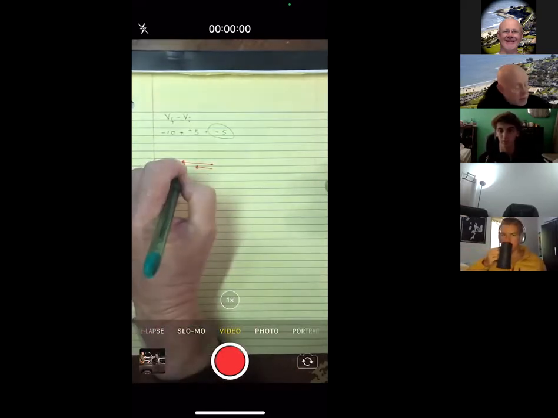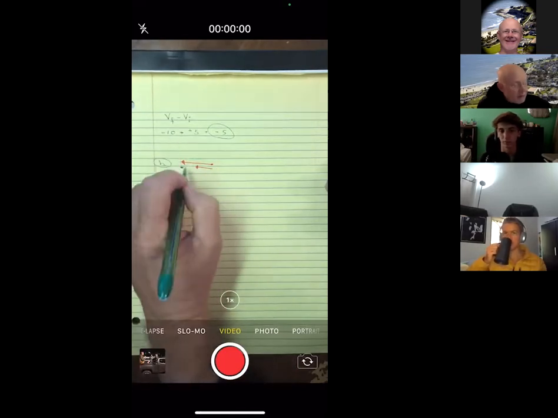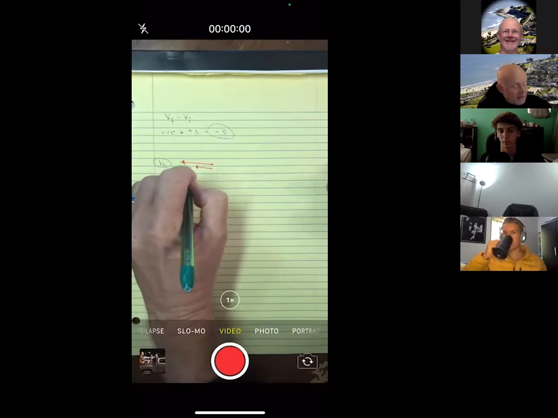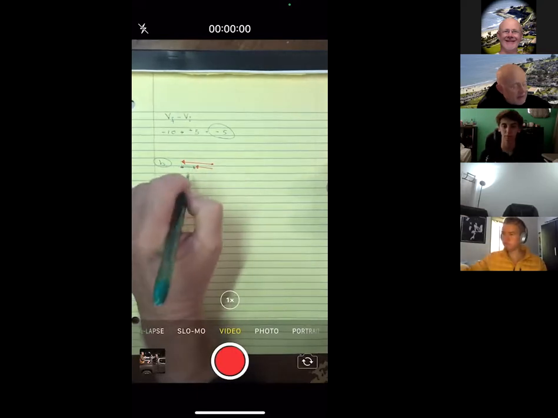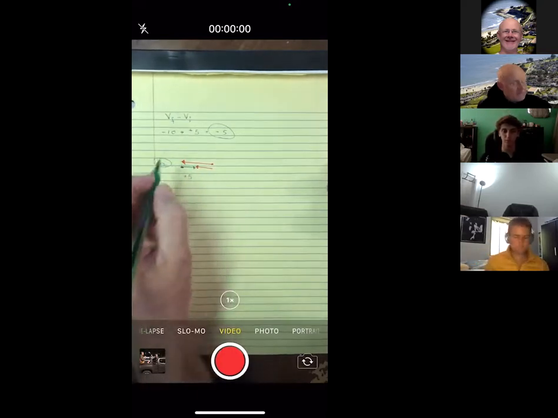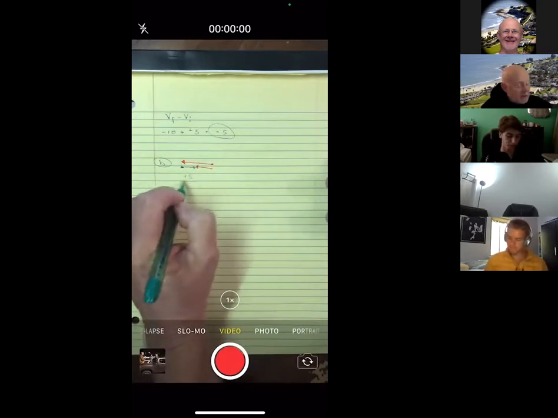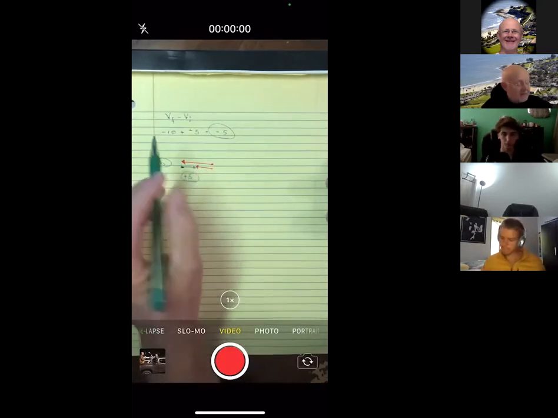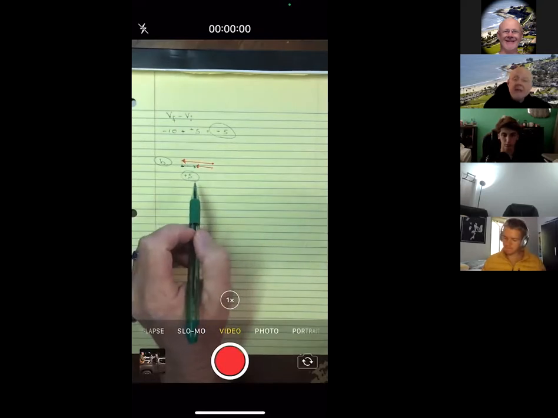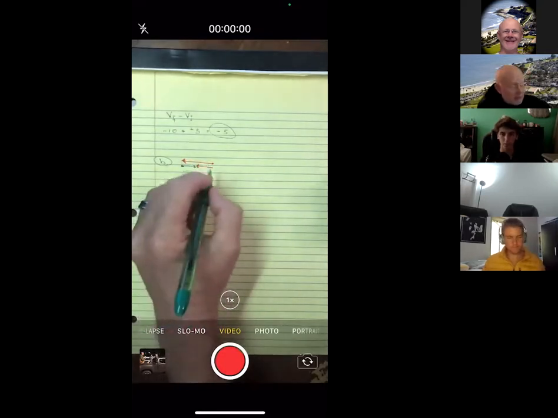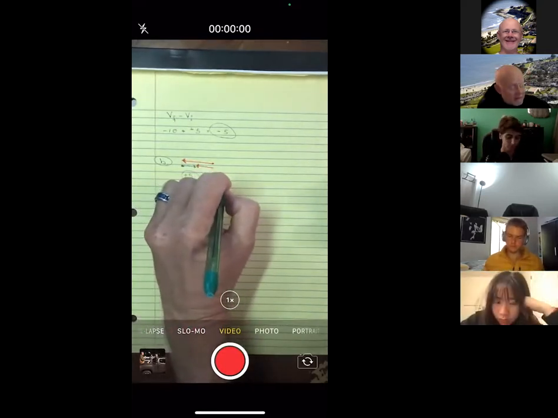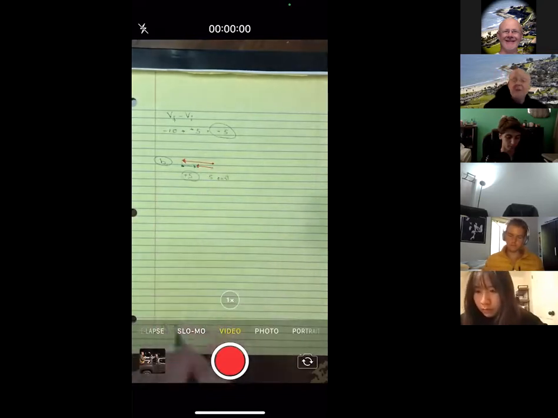So if I use green, drawing from the end of the first one to the end of the second one, I would say I am drawing it a distance of 5, and it's in the eastern direction, a +1. So I would say 5 east.